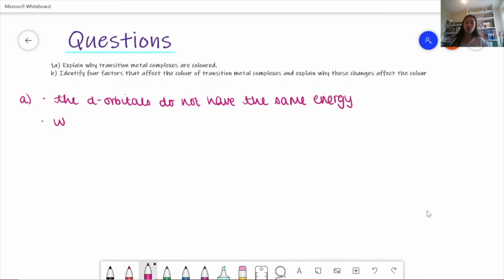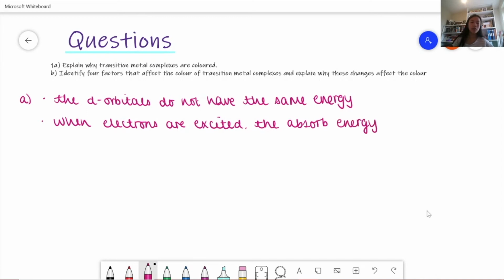And then when electrons are excited, they absorb energy to move to a higher energy level. And the electrons can move around because, first of all, in transition metals, they have only part-filled d orbitals.